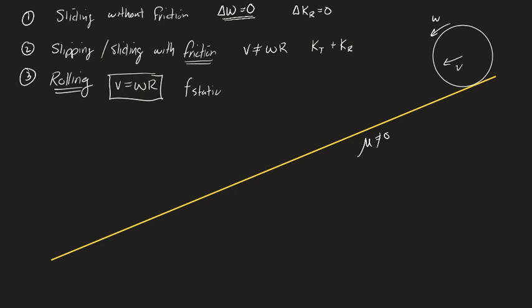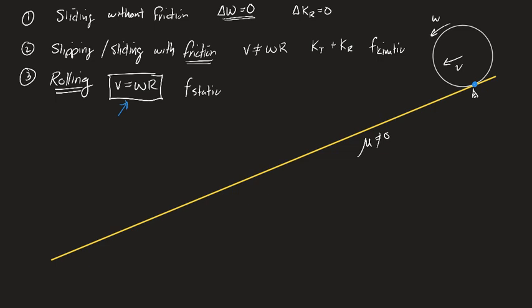Slipping or sliding with friction takes place with kinetic friction. But when an object is rolling, this point of contact does not slide. It's at rest. An object that's rolling, the point that touches the surface right here is at rest, just for a moment, but it's at rest. It's not sliding. That is the condition for rolling. So if you're told something is rolling, you're being told to use this.